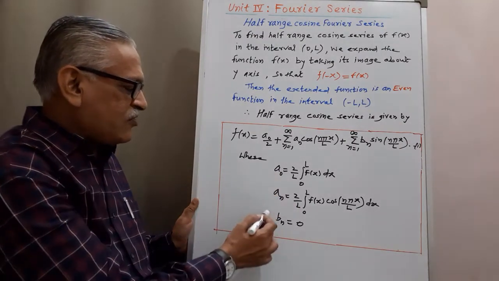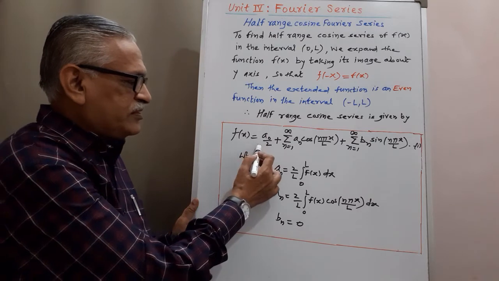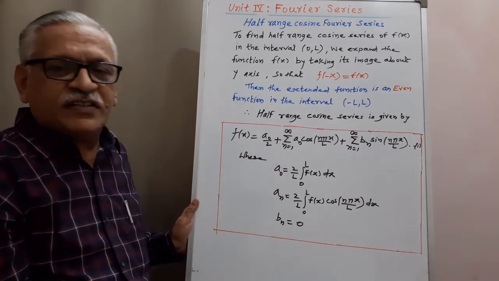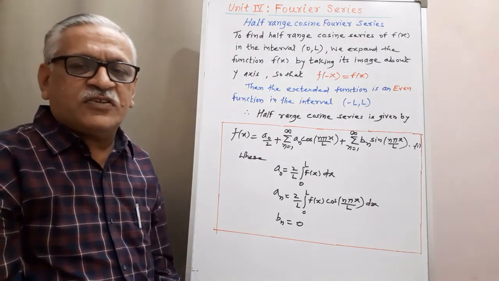And then after obtaining the values, we put those values in equation 1 to obtain that half range cosine series.